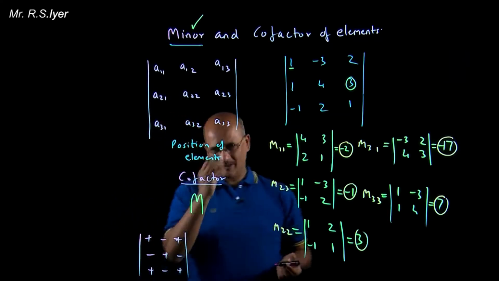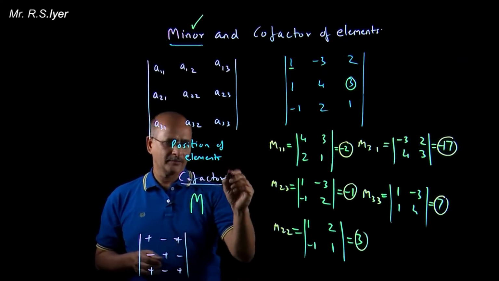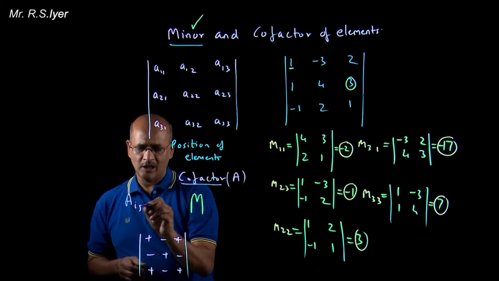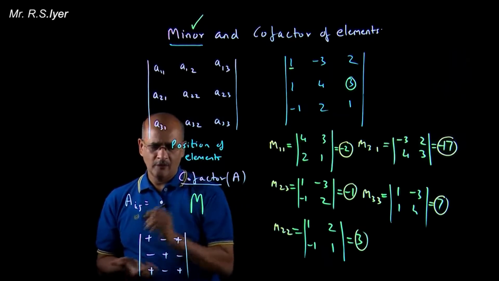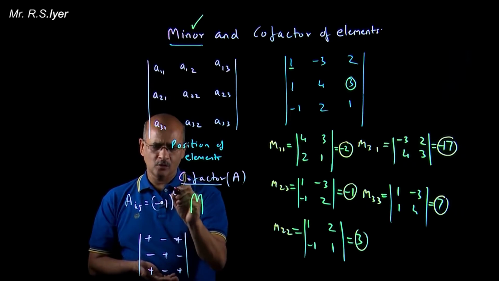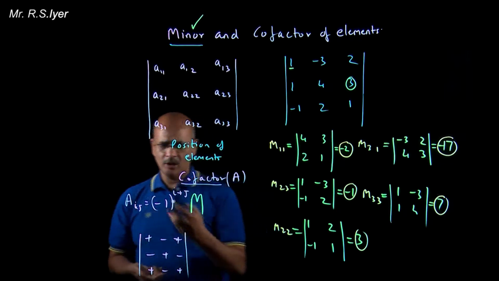So, I just give you one simple example. Suppose cofactor I denote as A. So, A, say ij, ith row and jth column, just a notation I put, which is equal to minus 1 raised to i plus j into M. This is nothing but the cofactor.